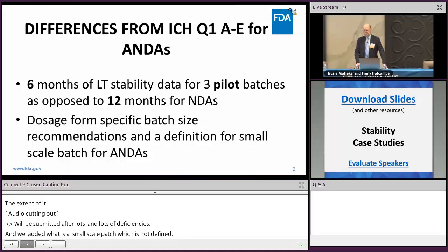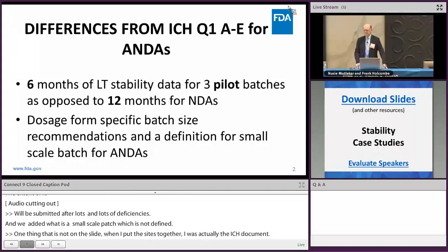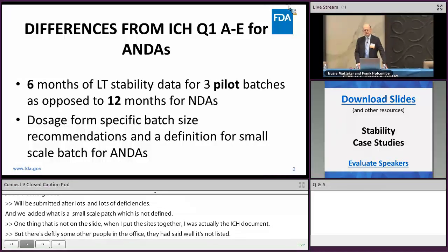But in discussion with some of the other people in our office, they had said, well, it's not explicit. So one of the things that we have said explicitly for ANDAs is that there must be at least 1 batch that's fully packaged in order to comply with the requirements.